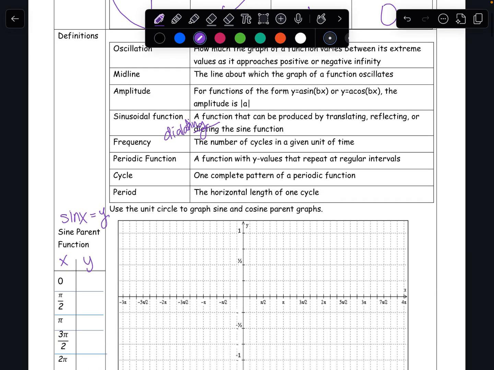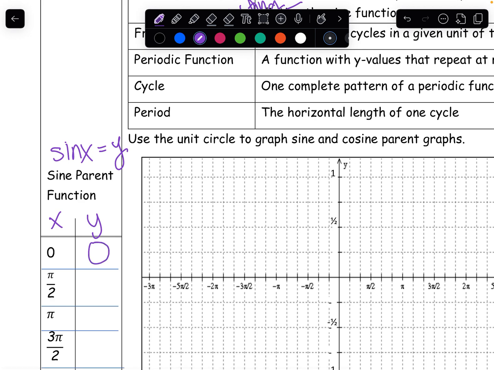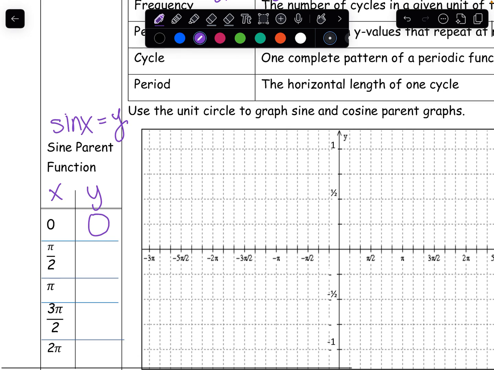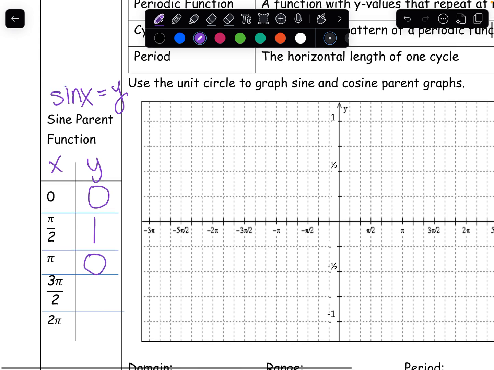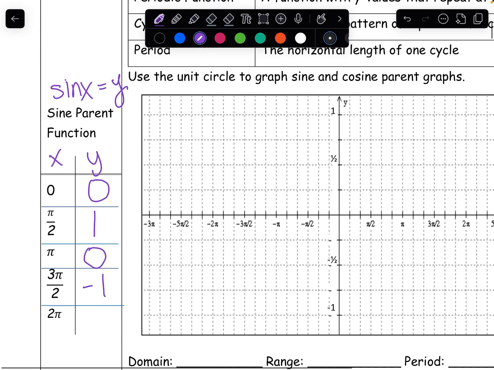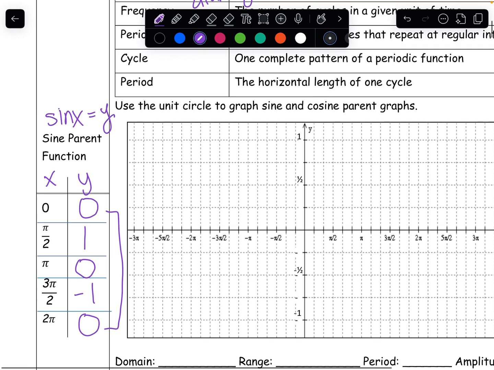Sine of 0 was 0. Sine of pi halves was 1. Sine of pi, 0. Sine of 3 pi halves, -1. And sine of 2 pi, 0. And so what happens is we repeat, which creates one period or one cycle.